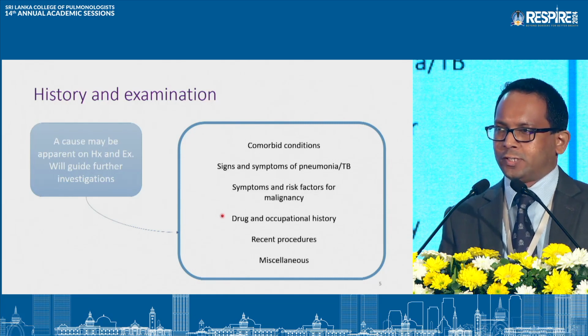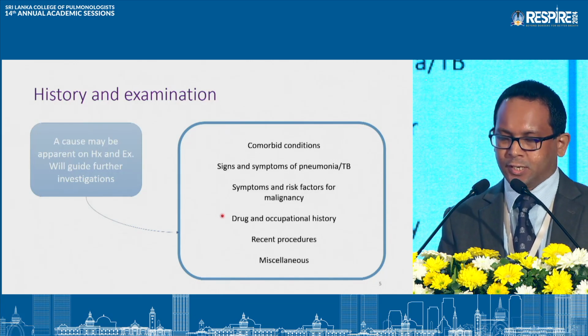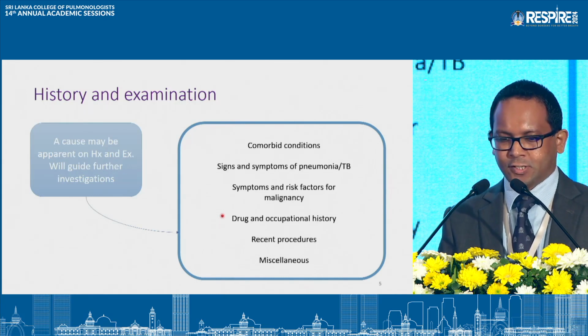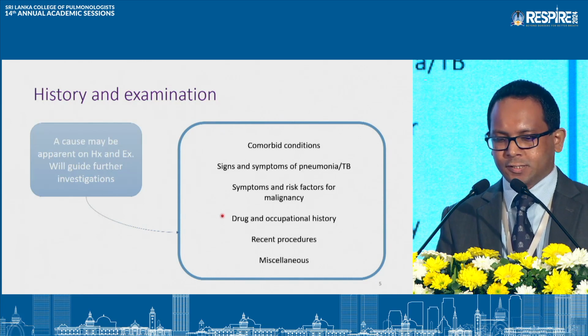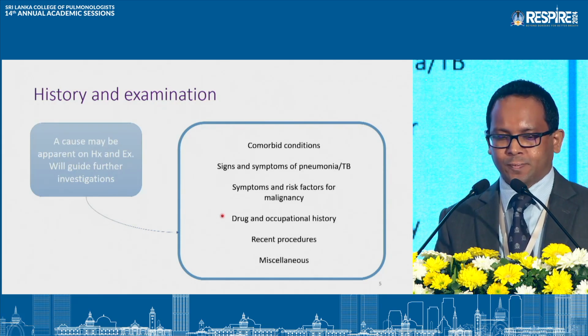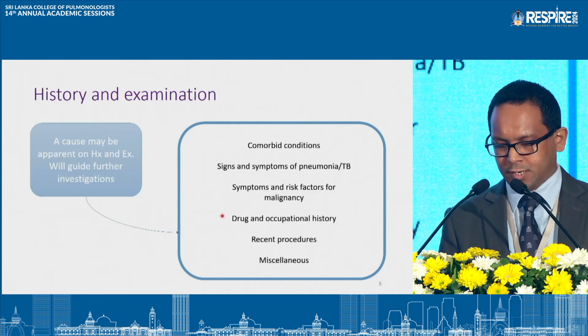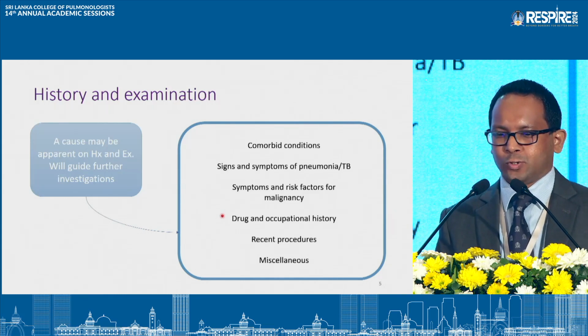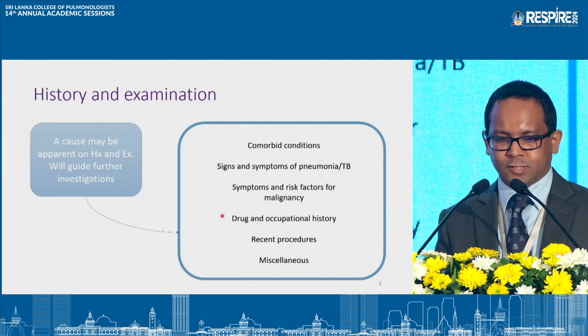Look for features of infection, contact history and risk factors for tuberculosis, previous history and risk factors for other malignancies. Medications are important, recent procedures like thoracic surgeries and so on, and miscellaneous causes like connective tissue disorders, thyroid disease, and pancreatitis can also result in unilateral pleural effusions.